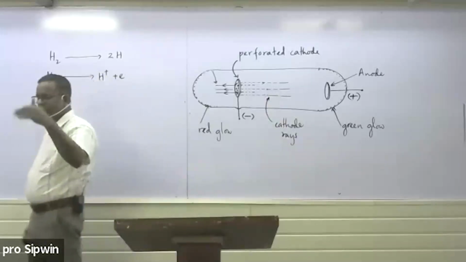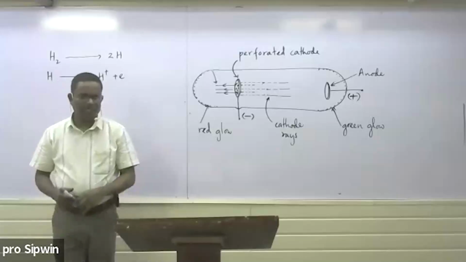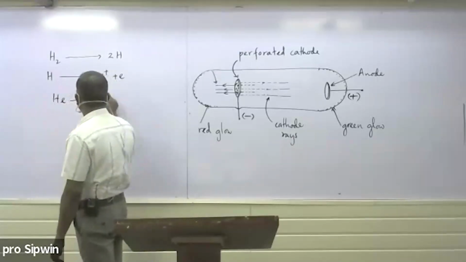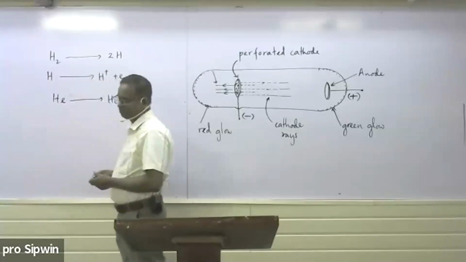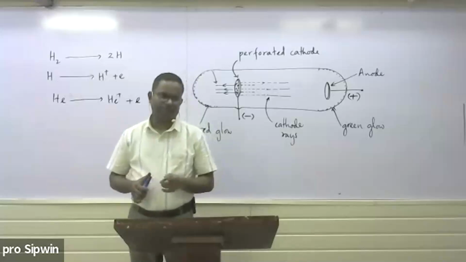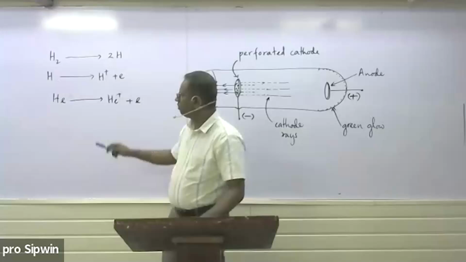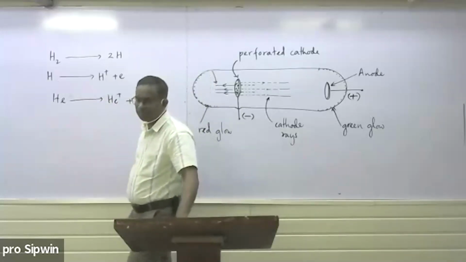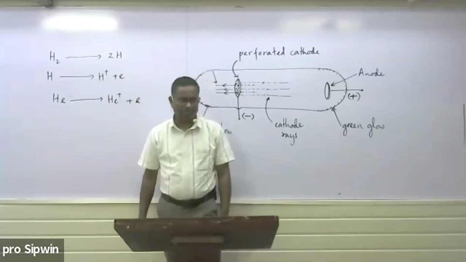If the residual gas inside is helium, what happens? Helium loses an electron and becomes helium plus. Then the positive particle can be helium plus, H plus, or Cl plus, and it changes like that.